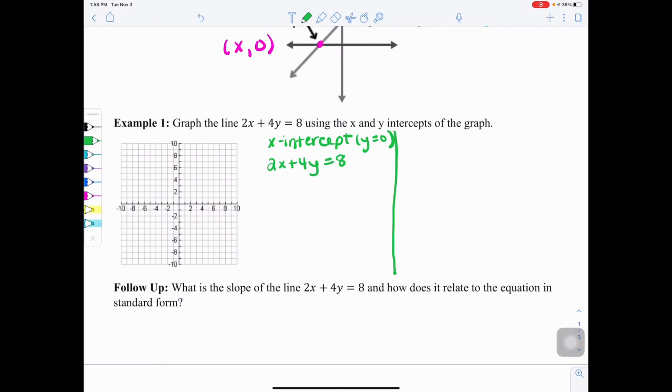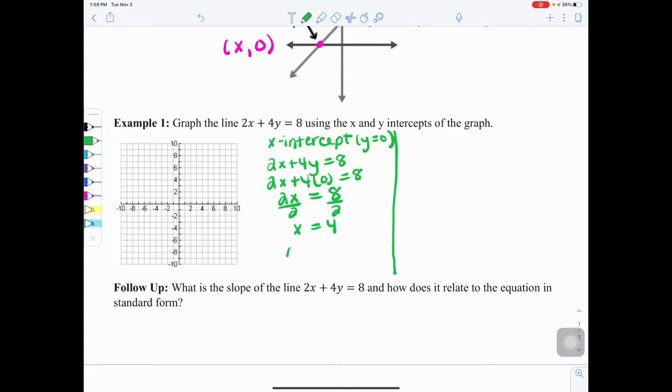And I'm going to use y equals 0 as my value for y to start simplifying this equation and eventually solving. So I'll have 2x plus 4 times 0 equals 8. That means I really just have 2x, since 4 times 0 is 0, wipes it out, equals 8. And now I can solve for x by dividing each side by 2 and seeing that x is 4.